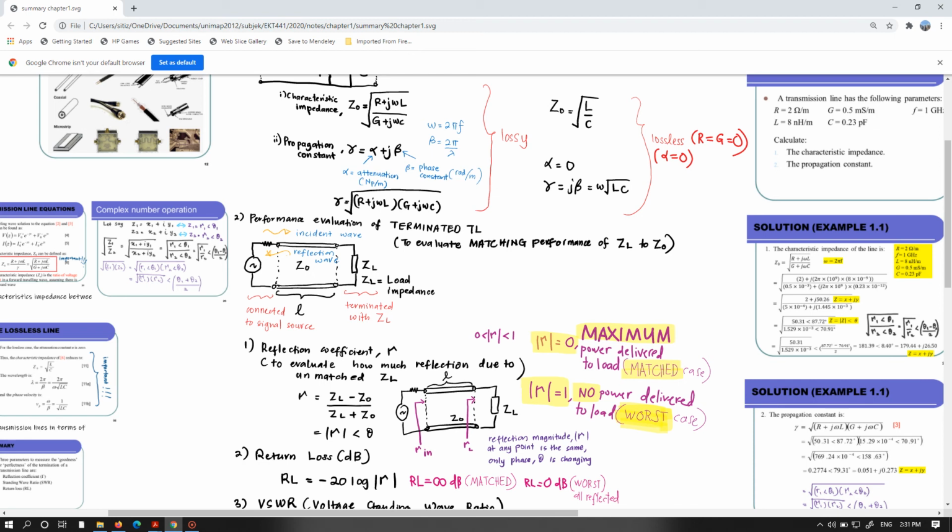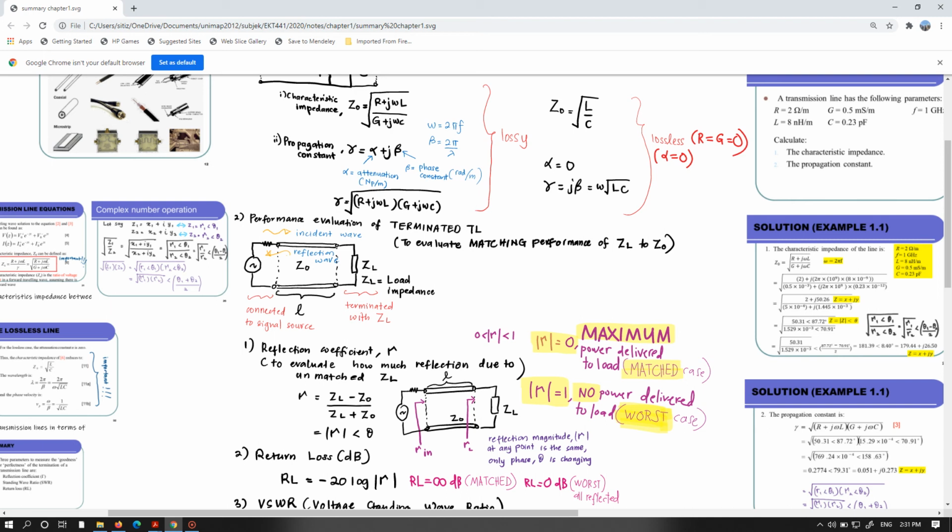But what happens when you connect your transmission line, Z0, with the load impedance ZL? It will give you a certain reflection performance, because if Z0 is not equal to ZL, meaning it is not matched, it will introduce a reflection to your signal source. What does reflection mean? It means that not all of your signal is transmitted to the end of the transmission line.